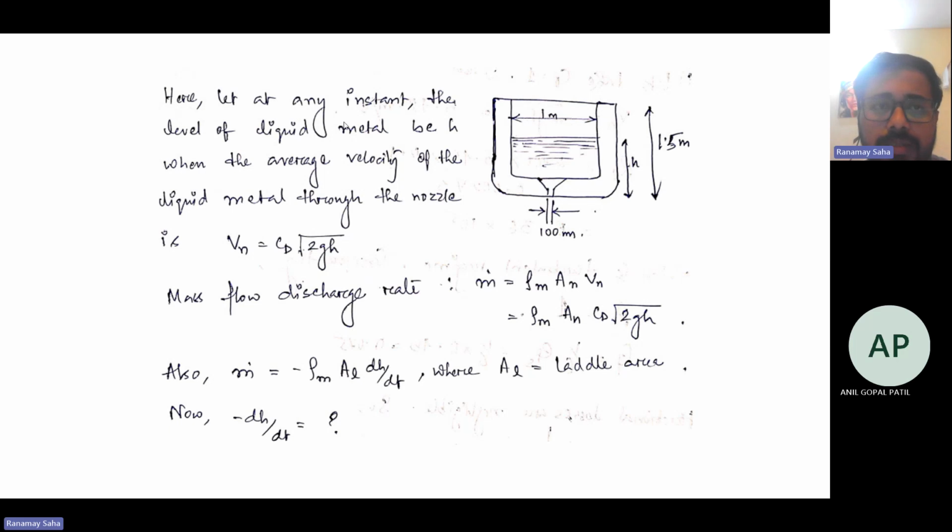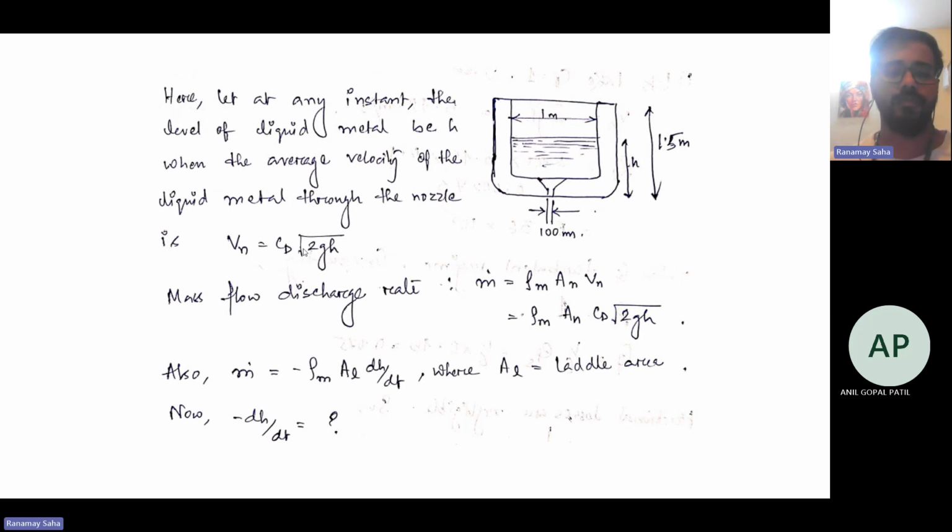So let at any instant the level of liquid metal be H, the variable, so it can be full or half at some time. Just assume that the level of molten metal is of height H, and the average velocity at the nozzle is Vn equal to CD times root 2gH.